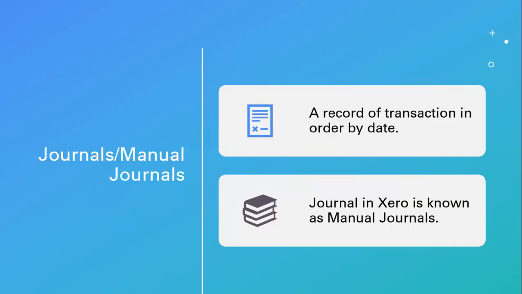The final section has to do with journals, or manual journals. A journal is simply a record of transactions in order by date. In Xero, the journal is known as manual journals. In the computerized environment, or in accounting software such as Xero, some of the recording of the transactions occurs when you use the features or the modules in the software.